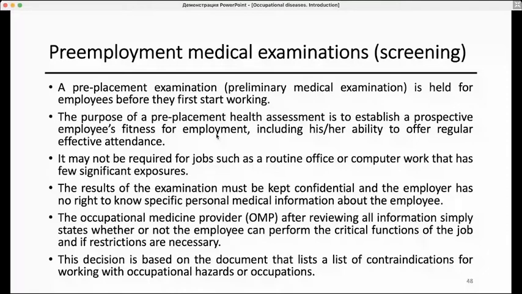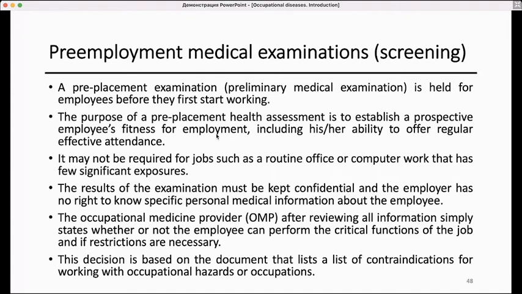The results of the examination must be kept confidential, and the employer has no right to know specific personal medical data about the employee. The occupational medicine provider, after reviewing all the information, simply states whether or not the employee can perform the critical functions of the job and if restrictions are necessary.